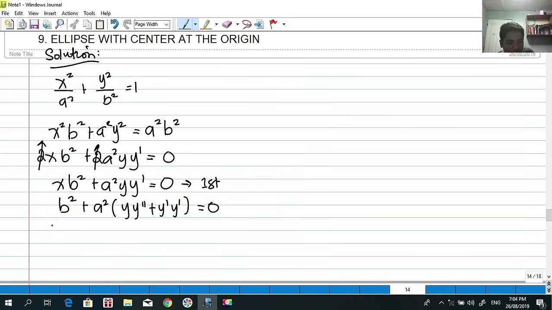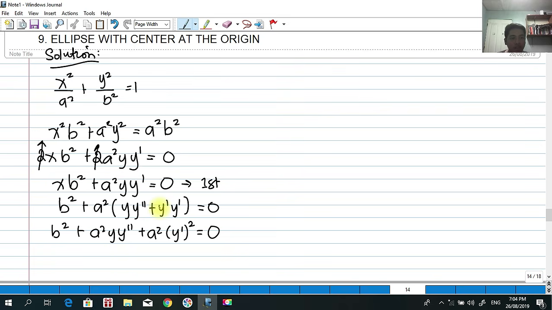So upon simplifying, we have b squared plus a squared y y double prime plus a squared y prime squared is equal to 0.